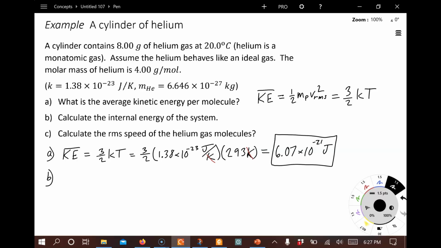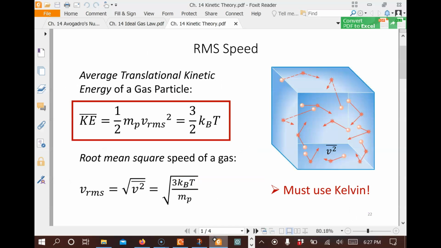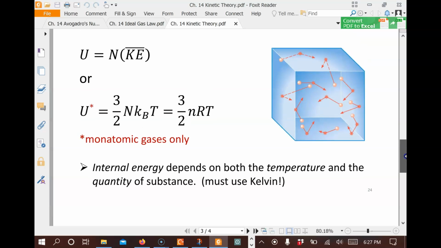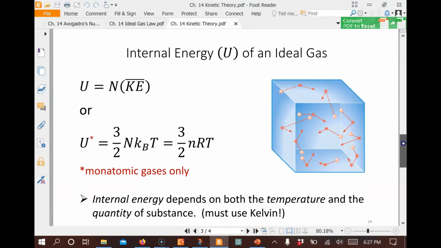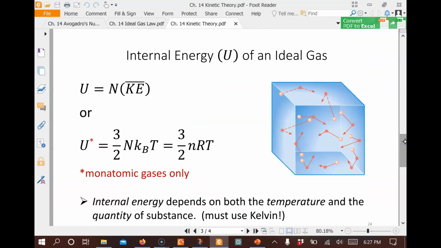Calculate the internal energy of the system. So internal energy is U. It's the energy due to the internal motion of the gas. In other words, it's the energy of the atoms that are moving around, the sum of all the atoms' energy. Now if we go down for a second here, we can look at internal energy. And it's pretty easy actually.